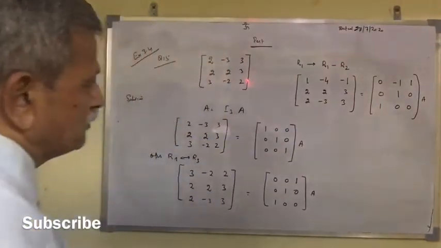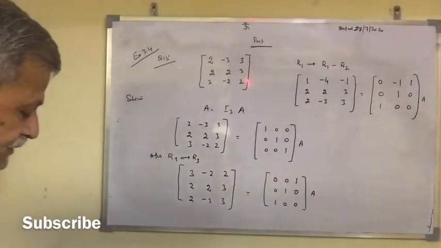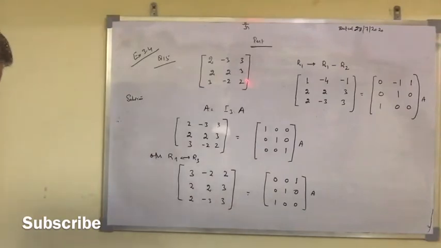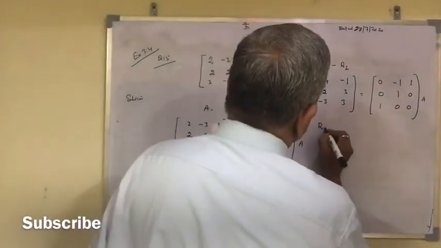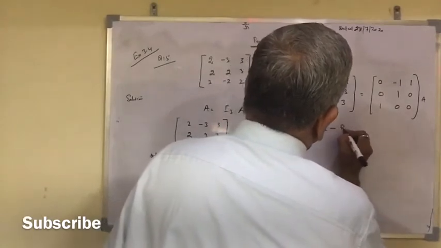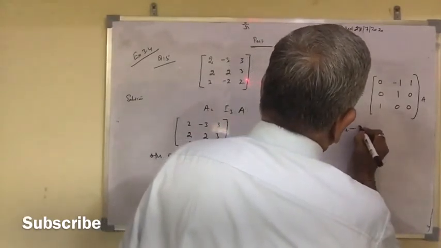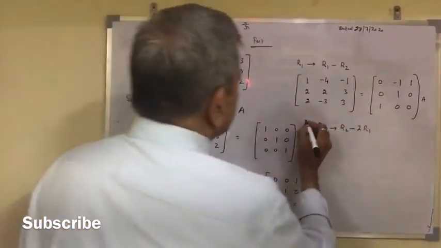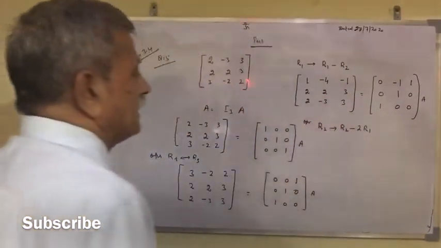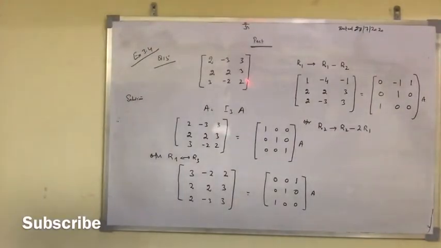One by one we will do that operation. So do R2 minus 2 of R1. R2 becomes R2 minus 2 of R1, meaning operate R2 to R2 minus 2 of R1. So this operation we have done.